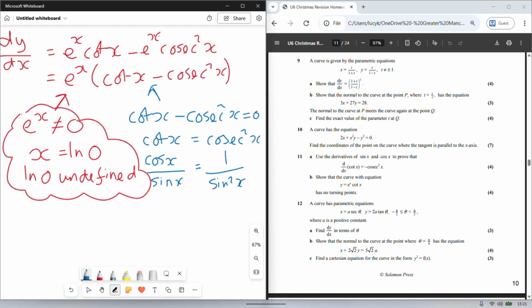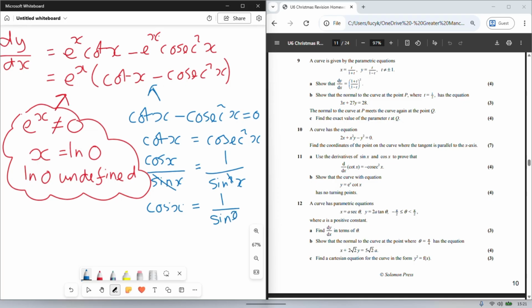So I could multiply both sides through by sine x, and that will get rid of that sine x and the squared there. So we end up with cos x is equal to 1 over sine x.